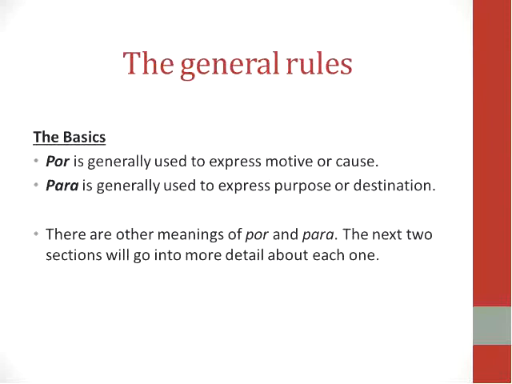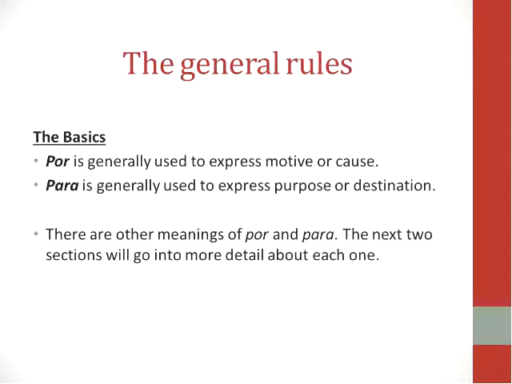Okay, the general rules, and this would be a good way for you to remember. Por is generally used to express motive or cause. If you're trying to give a reason, then you think por. Para is generally used to express purpose or destination.